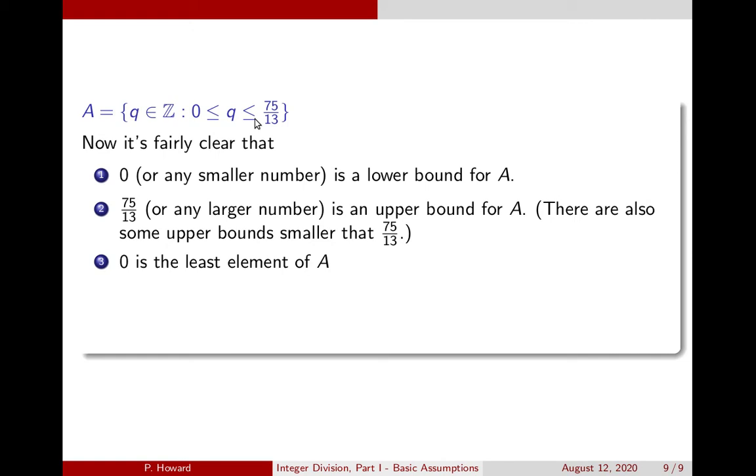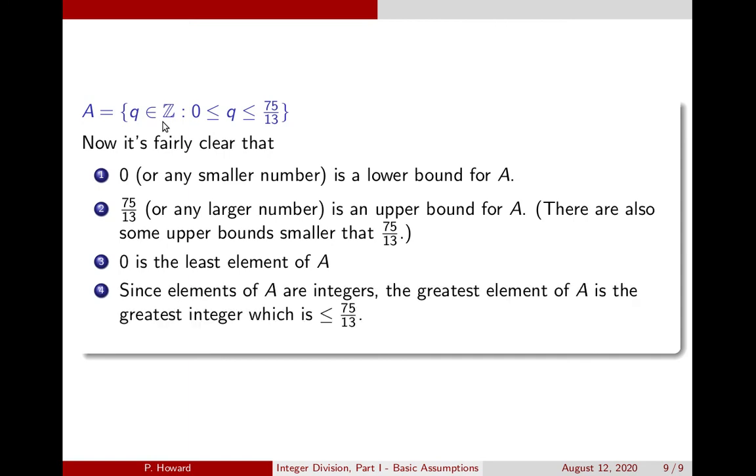And now what about the greatest element? Not 75/13, because 75/13 is not an integer, which is required for being in A. The greatest element of A will be the biggest integer which is less than or equal to 75/13.